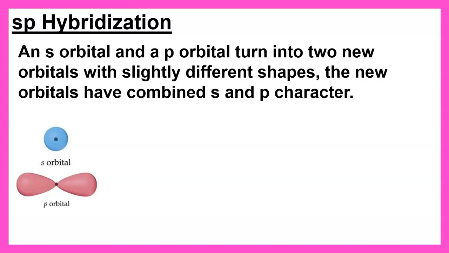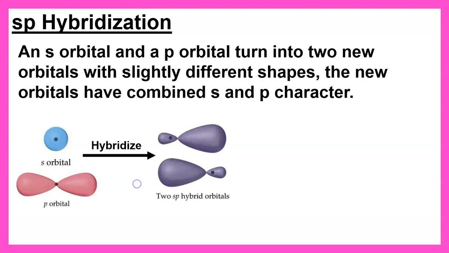They're going to end up still as two orbitals, but they will have different shapes. Their shape will be somewhere in between an s orbital and a p orbital. When you hybridize, these orbitals are now identical, aren't they? We started with two very different size, very different shape orbitals. Now we have two orbitals that are the same.